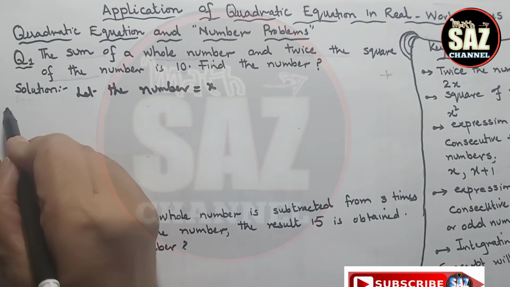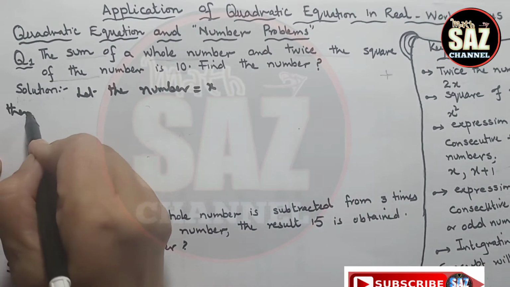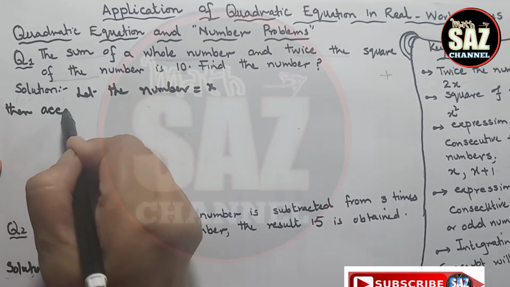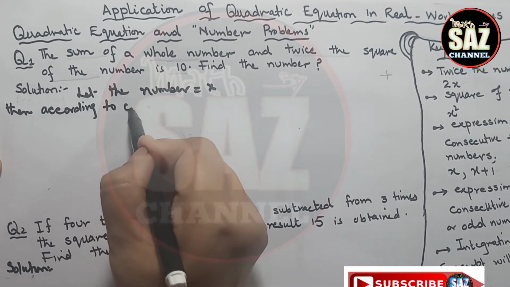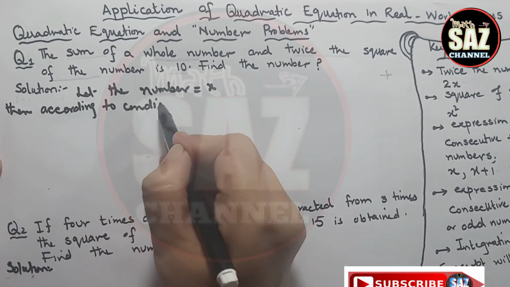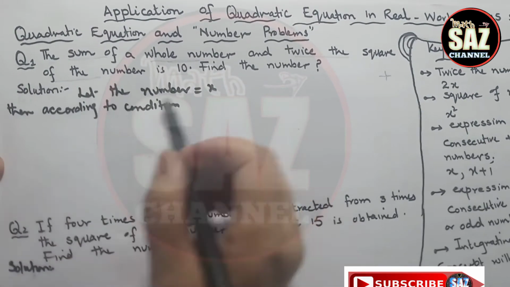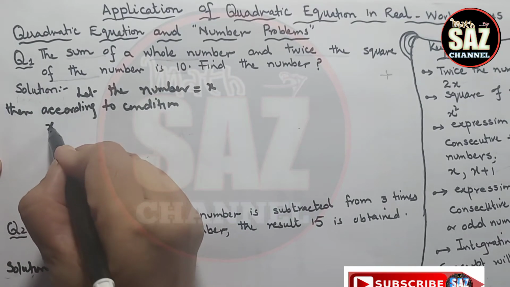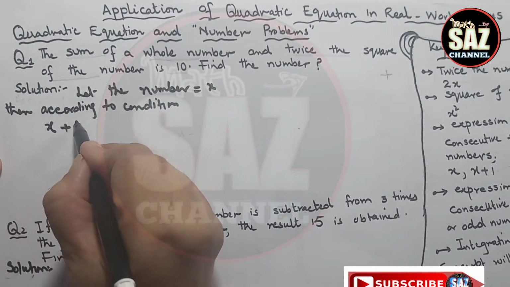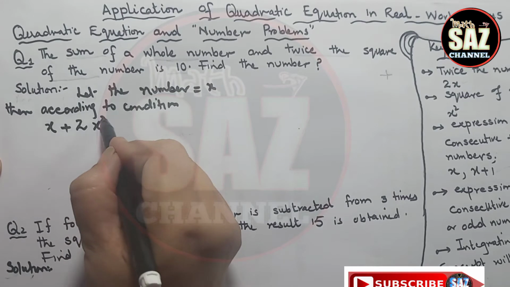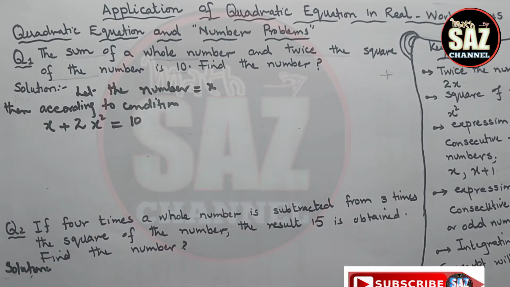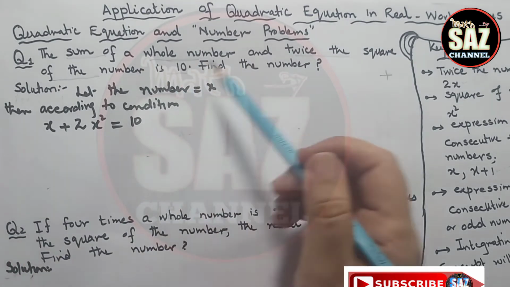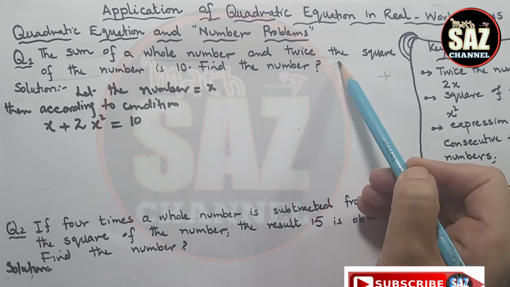Then according to the condition, the sum of the whole number x and twice its square, 2x square, is 10. This is how we have to form the equation for the information which is given in the question.